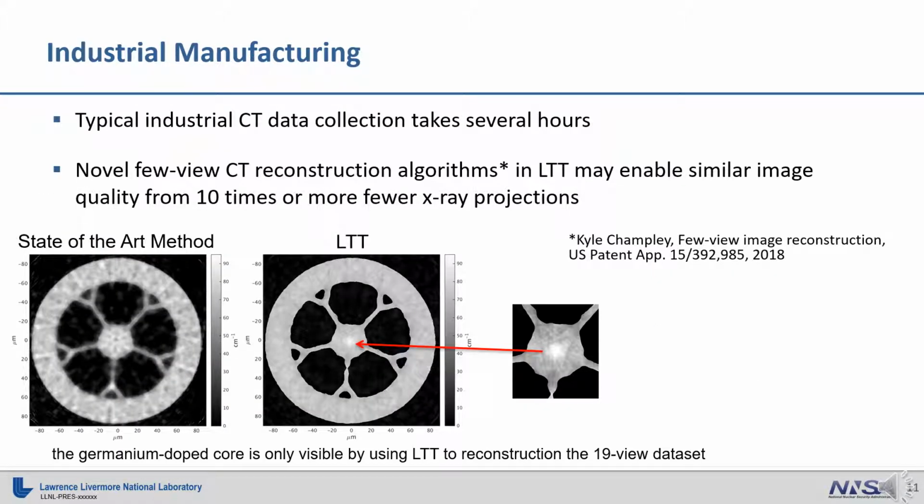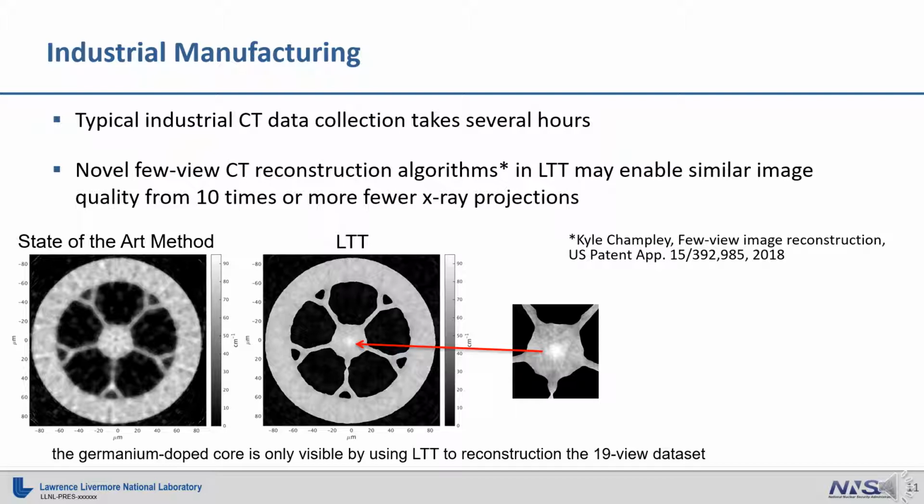Another application, as I said before, is industrial manufacturing. And one way that we could help in this, besides some of the ones I've shown earlier, is this. So typical industrial CT data collection could take several hours to scan one part. So this obviously is very expensive. And this is because you're taking like 1,000 projections of an object.